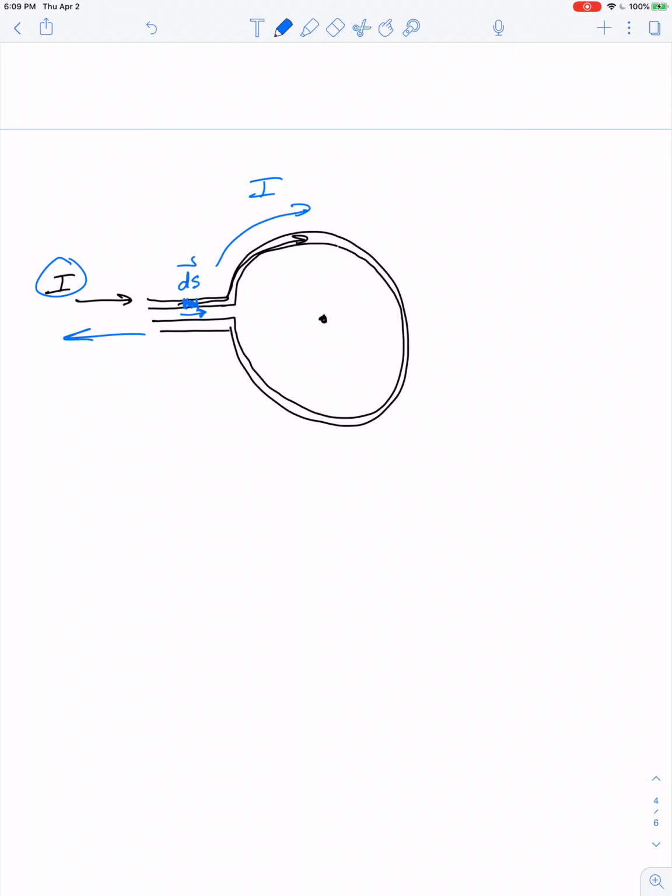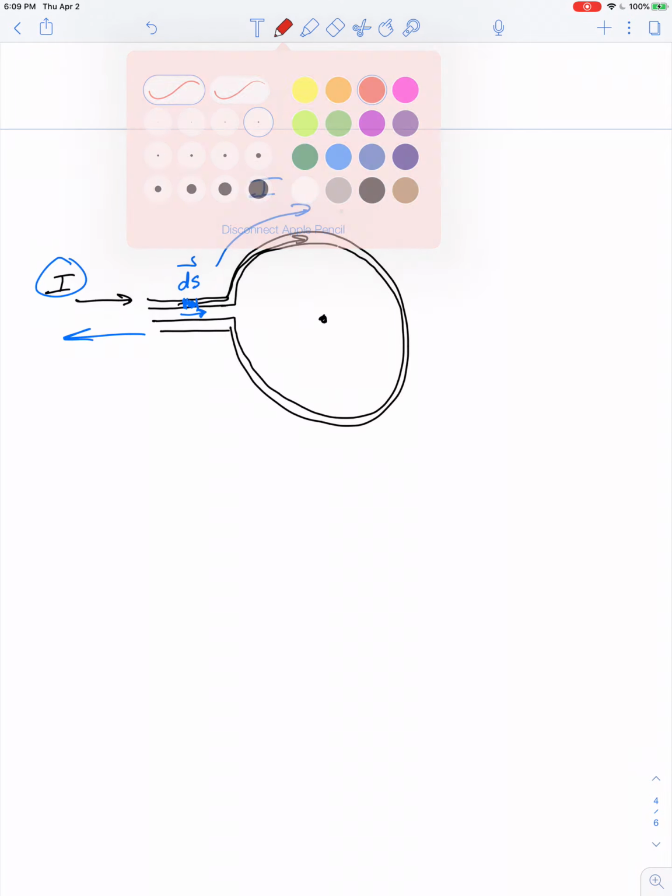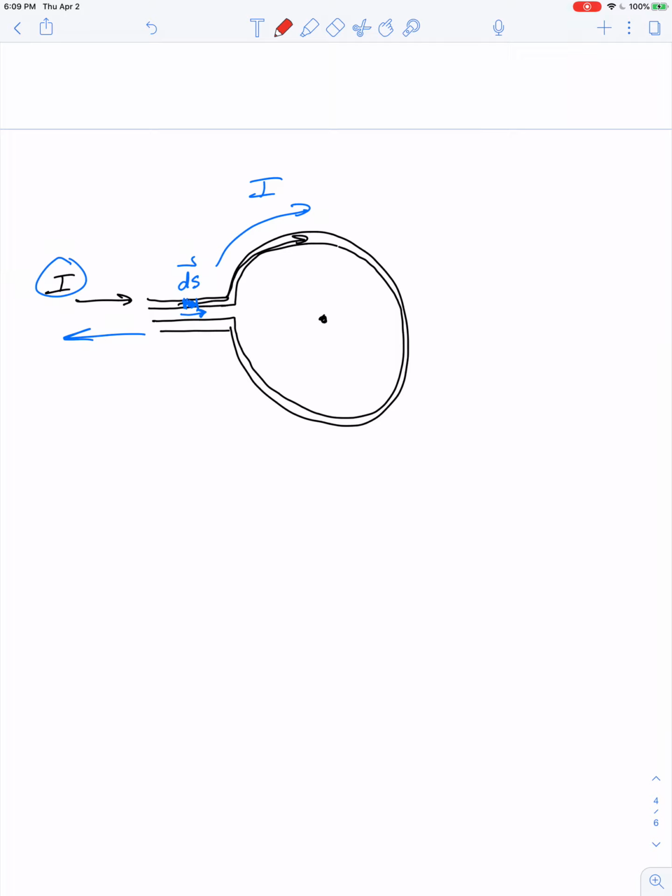Okay? Now the distance from ds to the point in question is just this line, right? So there's r, and there's the vector. Oops, I guess I want to go this way. Here, apologies.